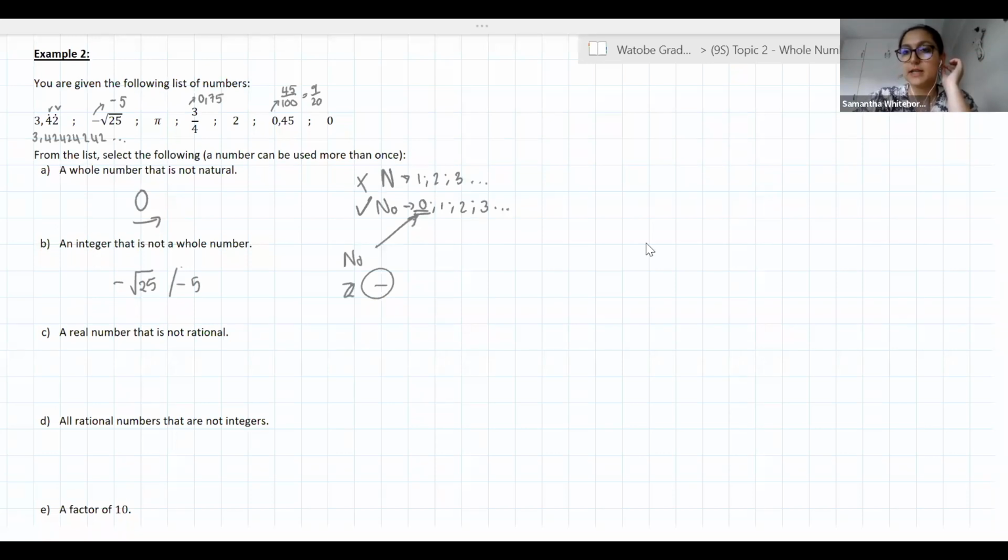Ooh, right. Keketso, do you want to give us C, a real number that is not rational? Ma'am, if I'm not wrong, it is the square root of negative 25. Okay, so remember we're saying if it's not rational, it has to be irrational. So which number there is irrational?